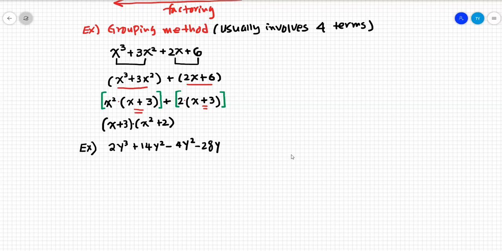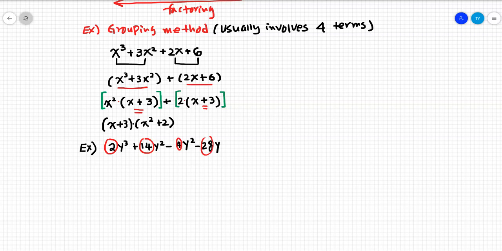So, I always tell my students that it doesn't matter what type of factoring you do. The first thing that you're going to do is look for a common factor. So you're going to have to look at each term, and then look for the common factor for all the terms there. If you look at these 4 terms, we might have some common factor in the constants. So you got 2 here, 14 over there, you got 4 here, and you got 28 over there.